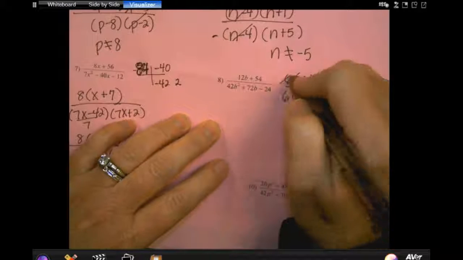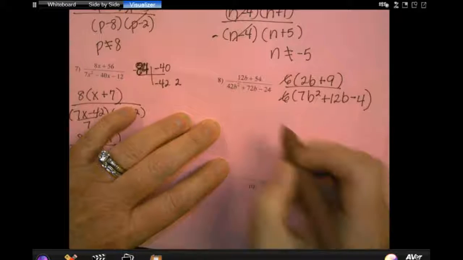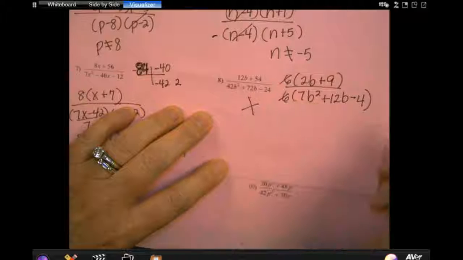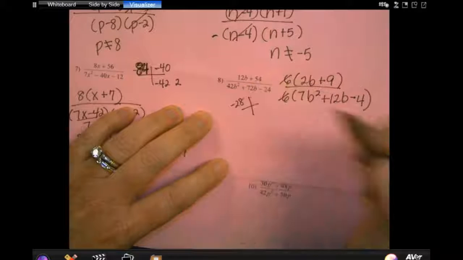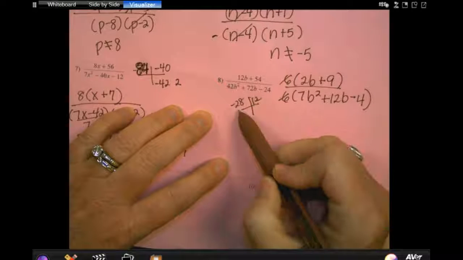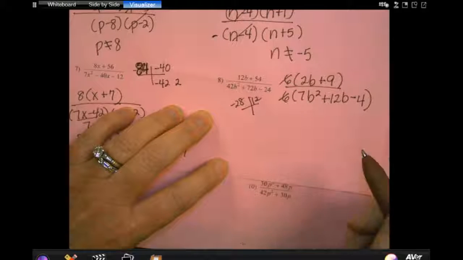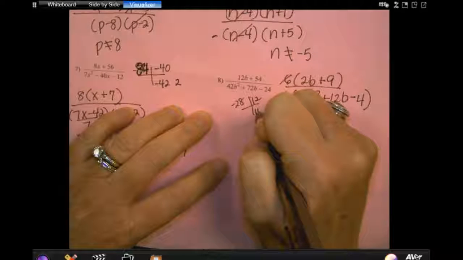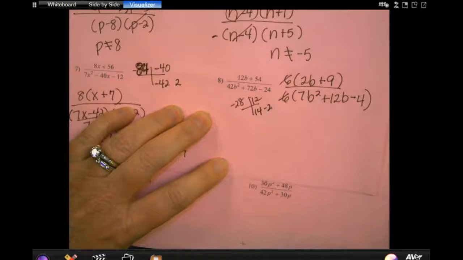So the 6's cancel out. On bottom, I have a times c, which is negative 28, and my b term is 12. So I want factors of negative 28 that add or subtract to 12. How about 14 and negative 2?